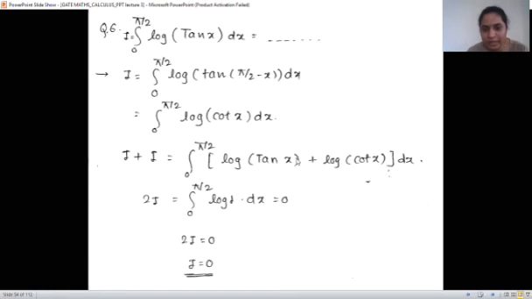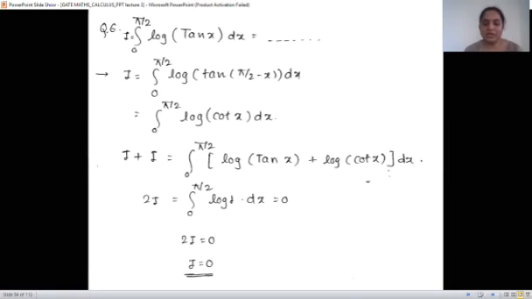Cot x is 1 upon tan x, cancel. So this is log 1 dx, and the value of log 1 is 0. So integration of 0 is 0. That is 2I is 0, that is I is 0. So the value of the integration is 0.